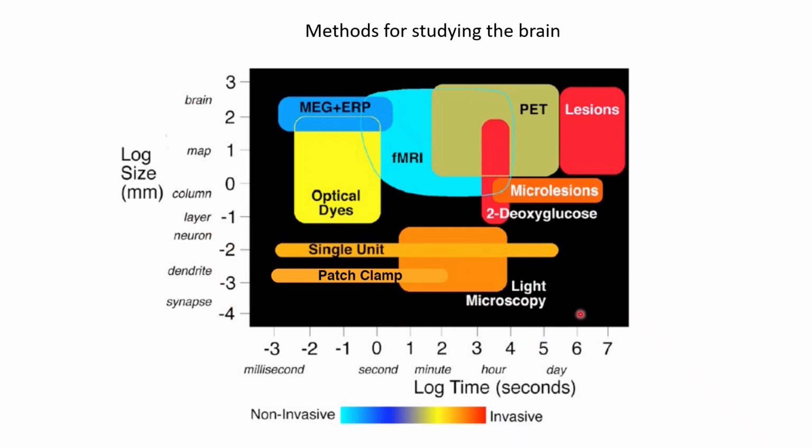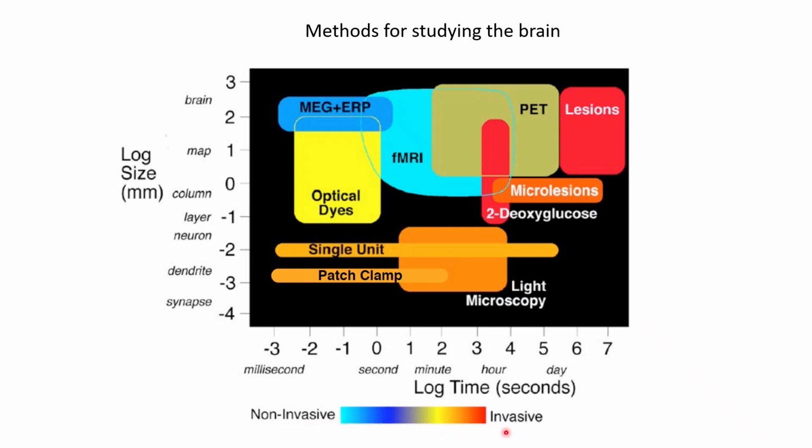One more feature that is shown in this slide is the invasiveness of the technique, as is shown by this legend here. So techniques that are shown in hotter colors are more invasive, and techniques that are shown in shades of blue, the cooler colors, are less invasive.